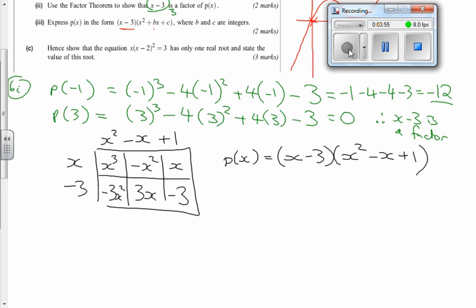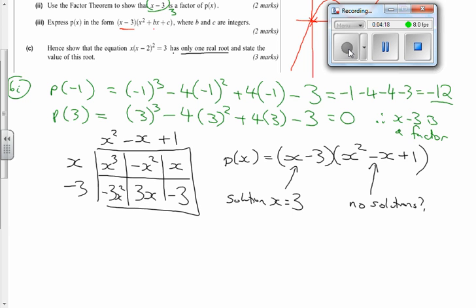Now it's telling us that this has only got one real solution. Well, that's clear that we've got a solution here when x is equal to 3. But showing it's only got one solution really means that we need to show that this has got no solutions.